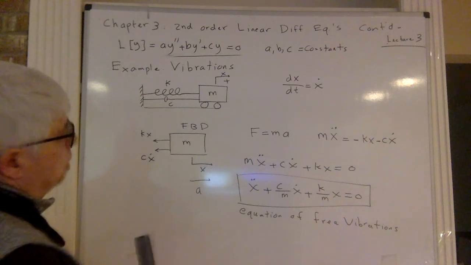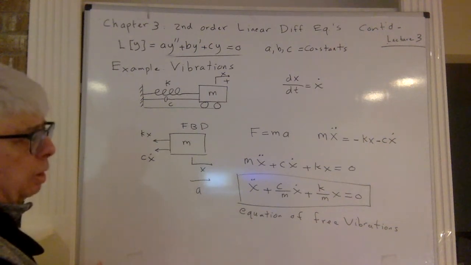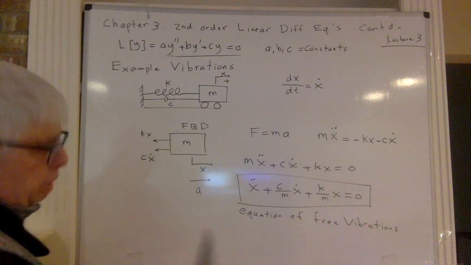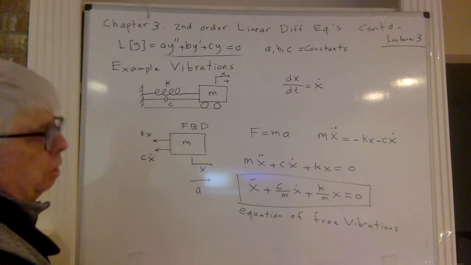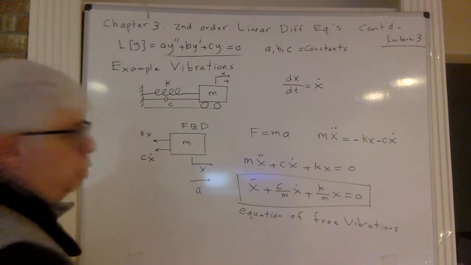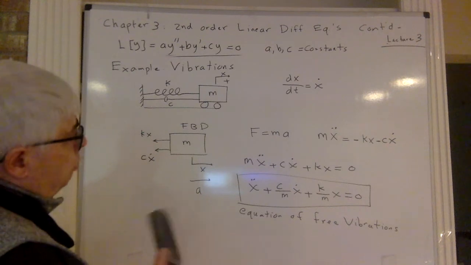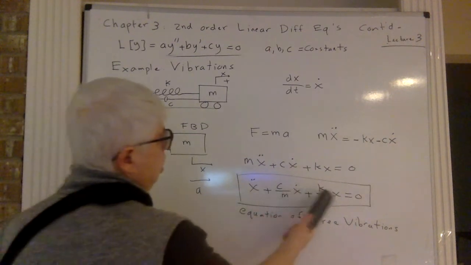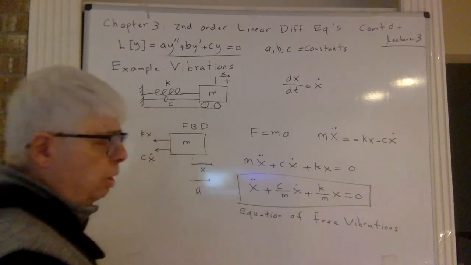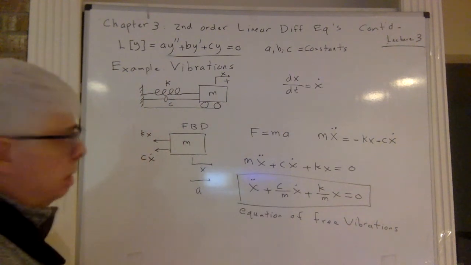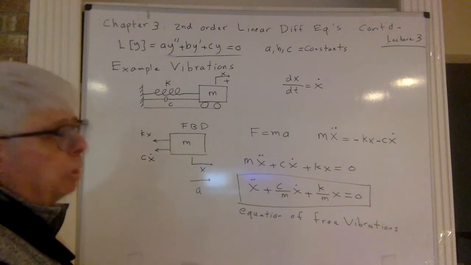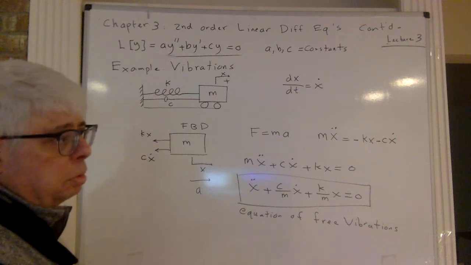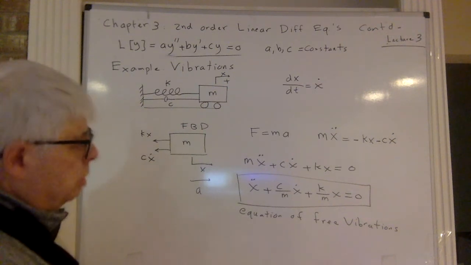Now this system, if you leave it like this, it never moves. The equation is there, but if I don't do anything, then the zero solution applies. I'm not interested in the zero solution. So if there is nothing happening to this system, it's not moving.